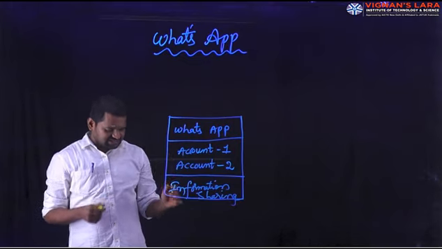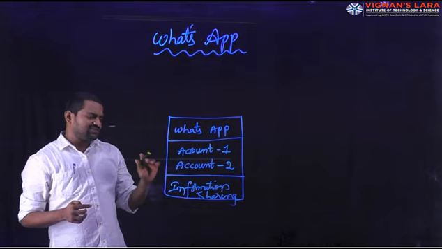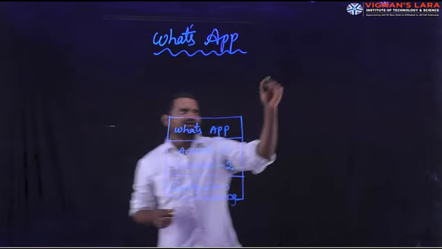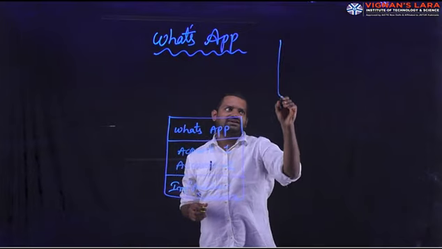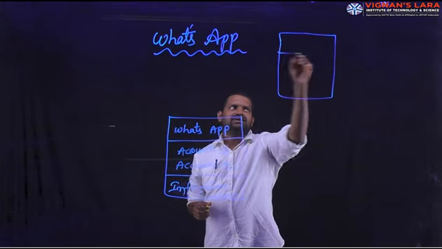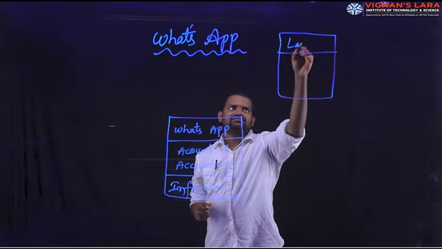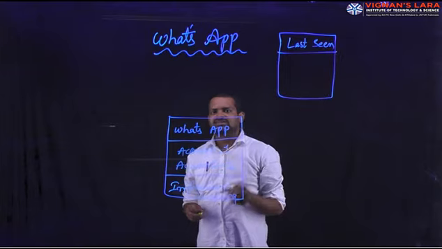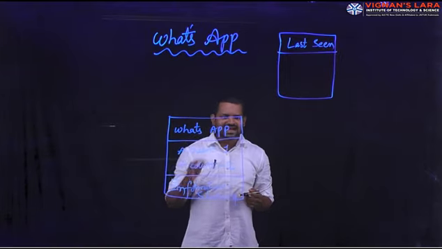In the WhatsApp, we are observing another piece of information. That information we simply write as last seen information. So last seen is a class.